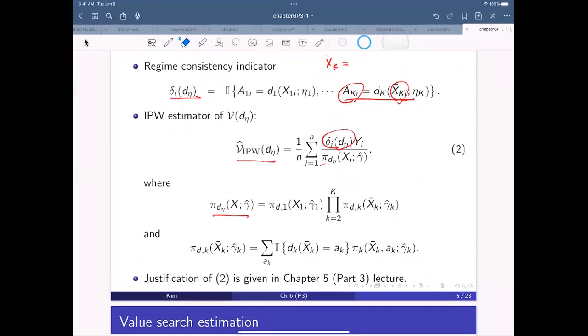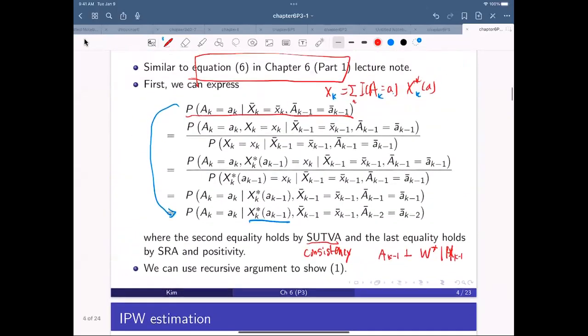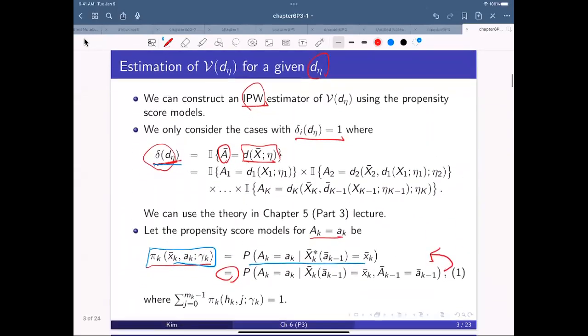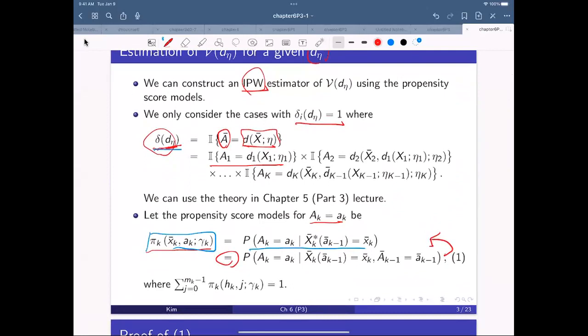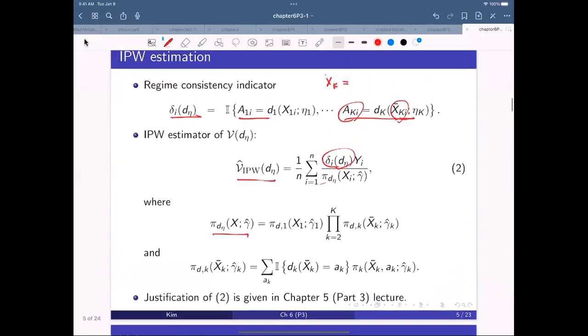So the point is you can multiply, and each one basically, this probability is equal to this probability.